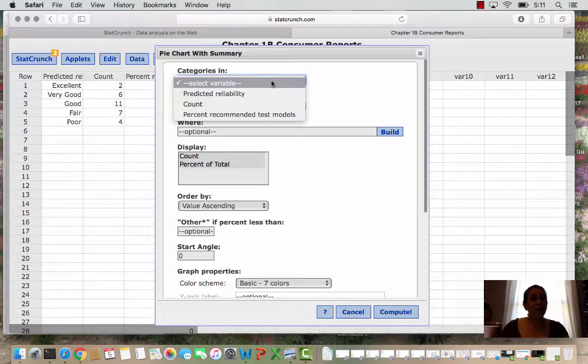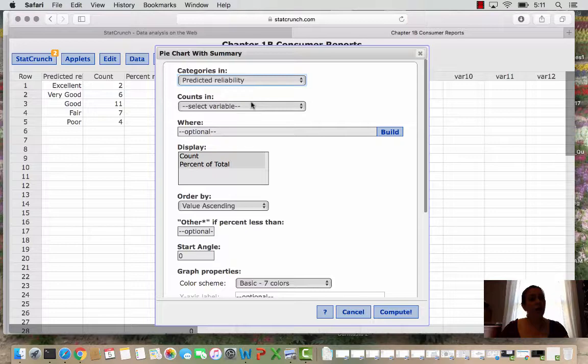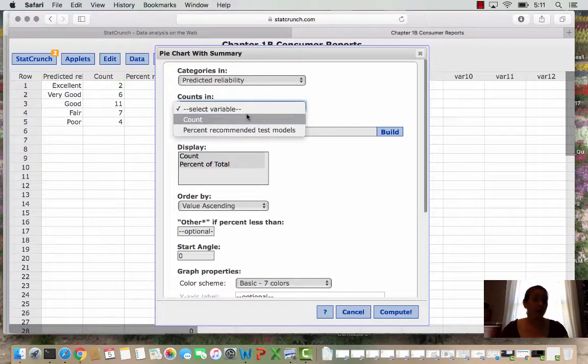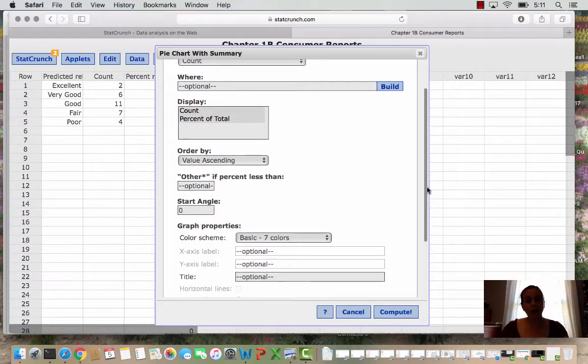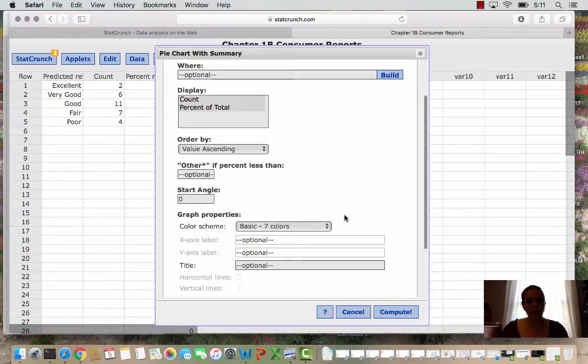The categories lie in my predicted reliability column, and the counts are in the column I called count. By default, both count and percent total are highlighted, so I'll leave those. I'm not going to build any relationship, so I'll leave that blank. Color scheme, I'll leave basic for now, and I'll show you how to edit it. I'll title the graph Predicted Reliability.